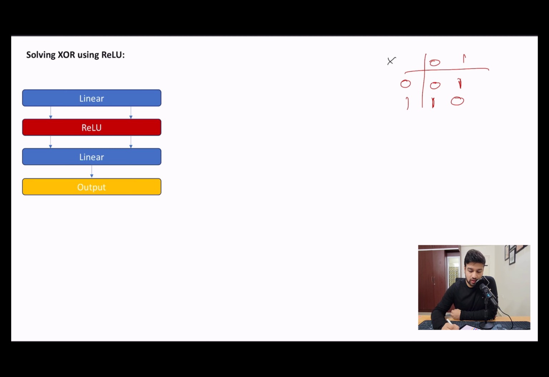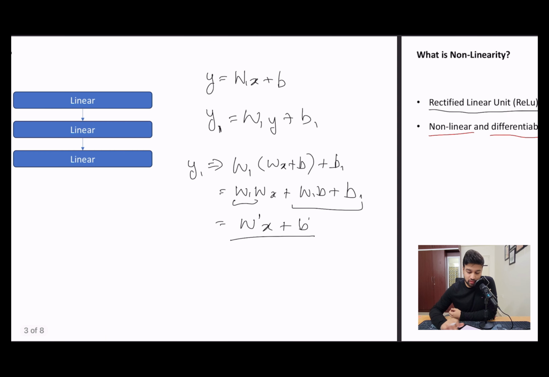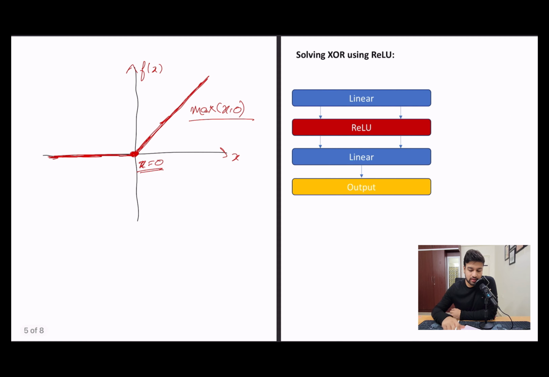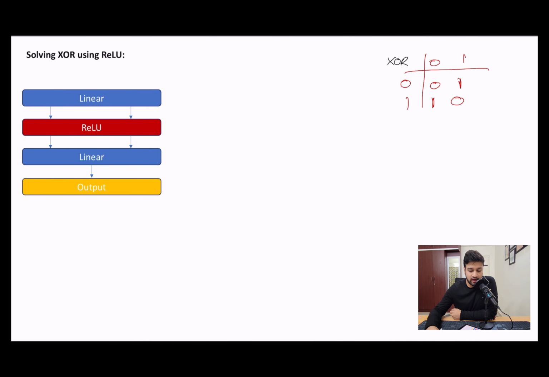XOR cannot be separated using a linear function. If you observe a little bit, this is an XOR function, and we have seen that this data set is not linearly separable. You cannot separate it using a linear model. So it warrants the use of a non-linear function.